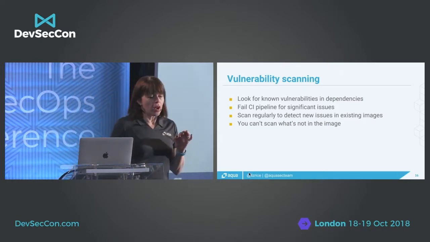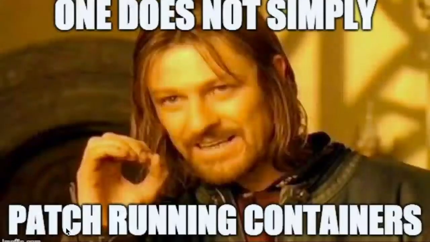And then it's kind of obvious, but your scanner can only scan the contents of the image that it's looking at. So this takes us to a kind of anti-pattern that hopefully none of you are doing. You should build your container images and then treat them as immutable.